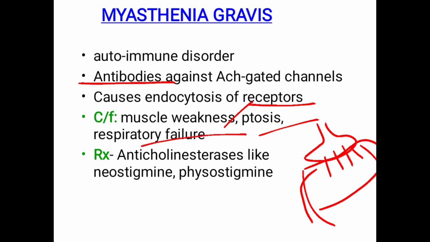So now the acetylcholine will not bind to that receptor. If acetylcholine is not binding, the sodium channels will not open, and the muscle will not produce the action potential. So muscle weakness or fatigue takes place.